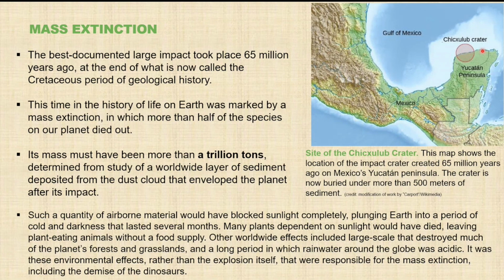So now without sunlight, the plants cannot make food. The plants are dead. Without plants, animals are dead. There is fire. Every forest is on fire on Earth. It was total extinction. Maybe not total, because it's a mass extinction.